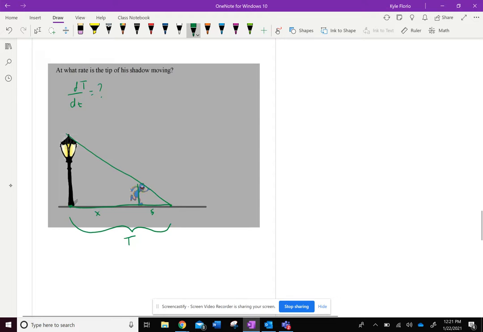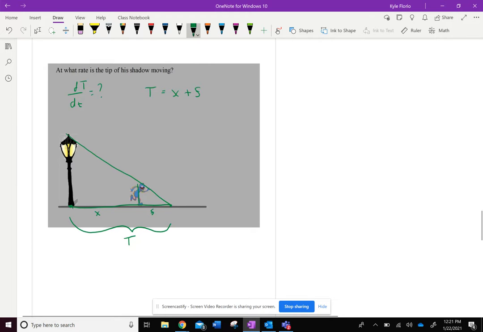The only variables here we really have are x and s, and the relationship for T, the length from the tip of the shadow to the light pole, is just the sum of x and s. If we take his shadow length plus his distance from the pole, we'll see that the tip of his shadow is the same thing as just taking his distance from the light pole and adding it to his shadow's length. So we're still using s for shadow.